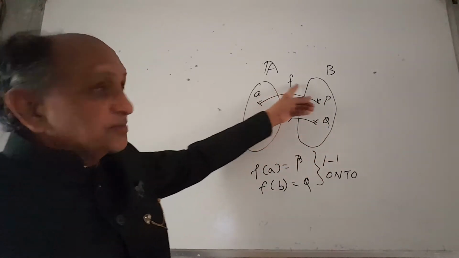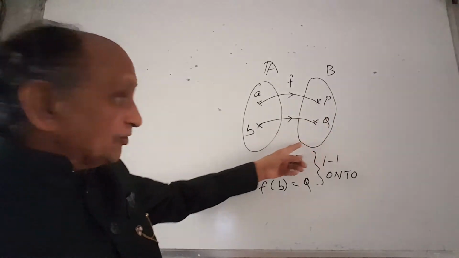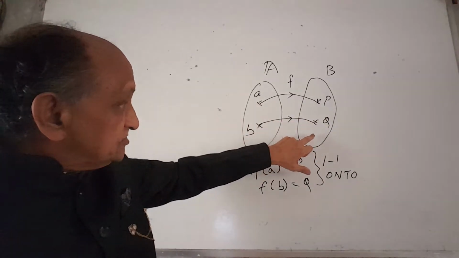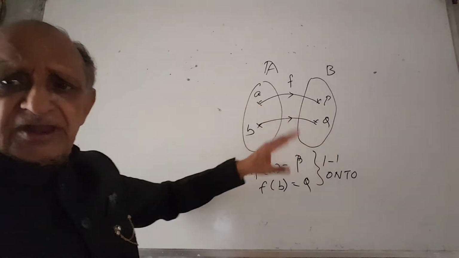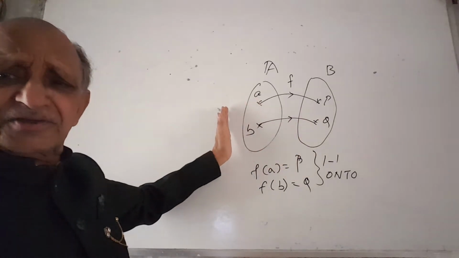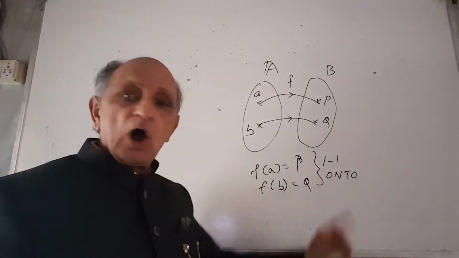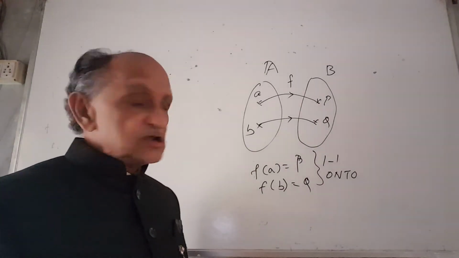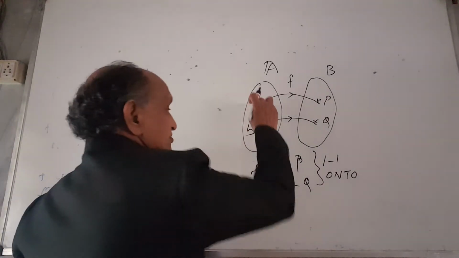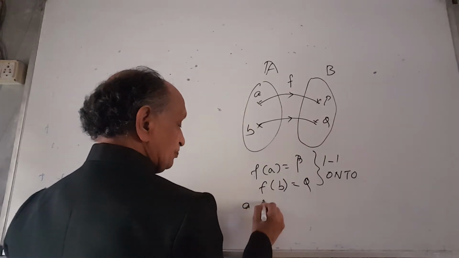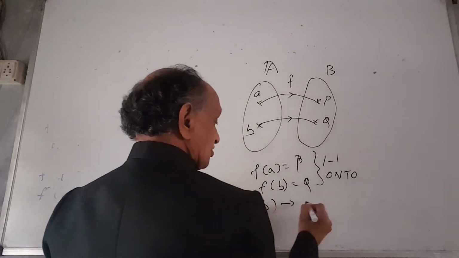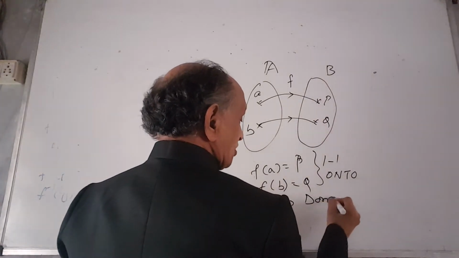I said function from A to B. When I am talking of B to A, there is no element which is not associated. Every element here is associated here. If there is no element left, it is called onto function. Now, all these elements A, B, we call it as domain.